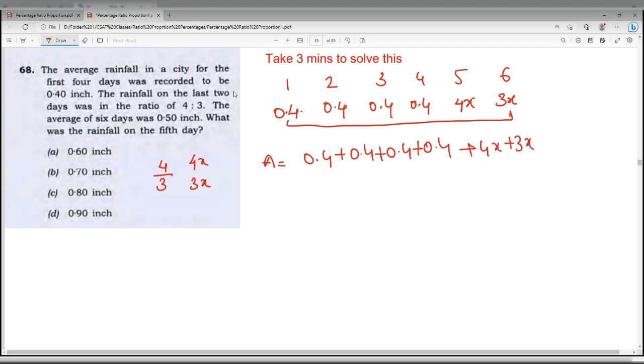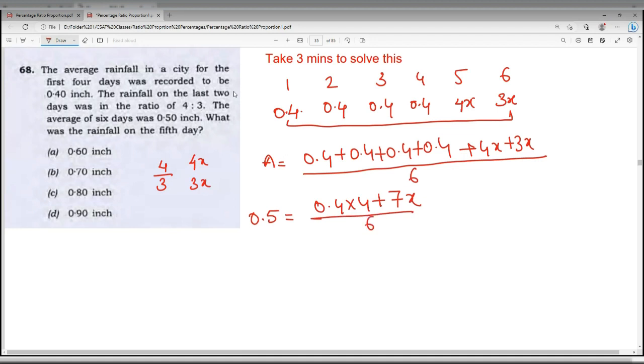Instead of writing this 4 times, you could have just written 0.4 into 4 and then divide it by 6. The total number of days is 6. And this average they are saying as 0.5. So this is 0.4 into 4 plus 4x plus 3x, which is 7x, divided by 6.